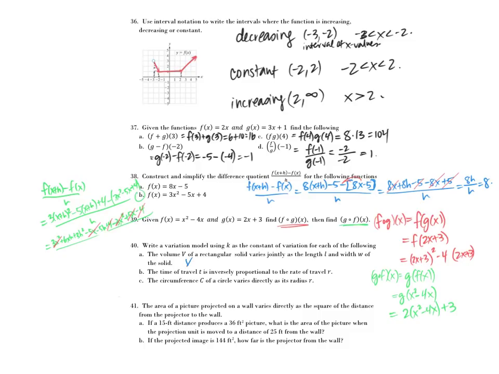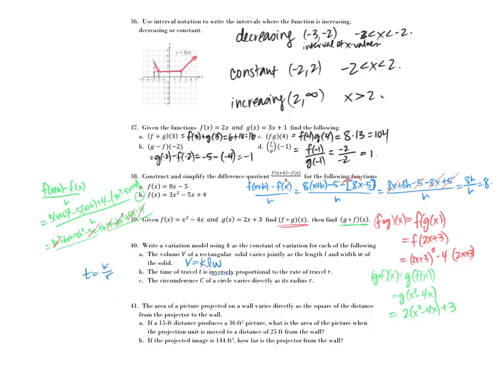So V equals k times LW. The time of travel T is inversely proportional to the rate of travel R. So that means T is equal to k over R. So inversely means it's 1 over.